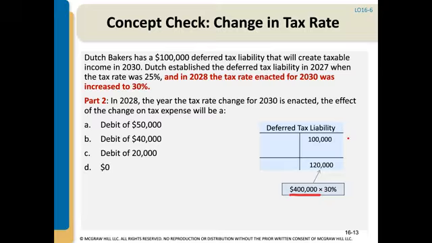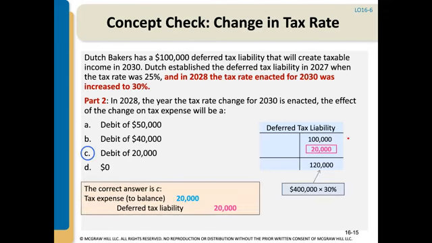We take the $400,000 times the newly enacted tax rate of 30%. So we have to true up our deferred tax liability from $100,000 and increase it to $120,000. By doing that, we credit deferred tax liability, and the other side of the entry will be a debit to income tax expense. So the answer will be C.